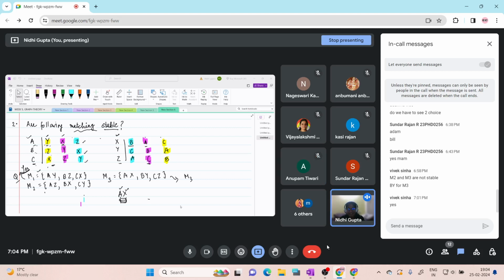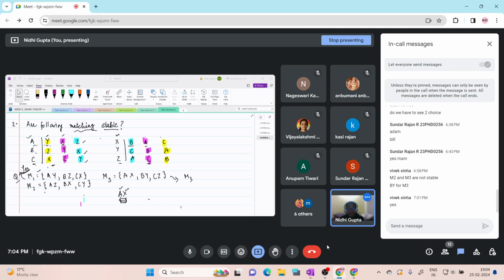But if we are not saying any orientation and are generally asking if M2 is stable, then since they are getting their first preferences, any other pair cannot be a blocking pair. Therefore, all these three matchings are stable because we cannot find a single blocking pair for them.